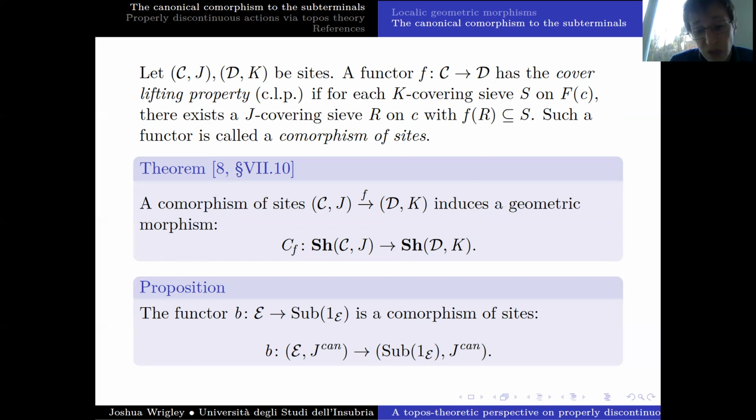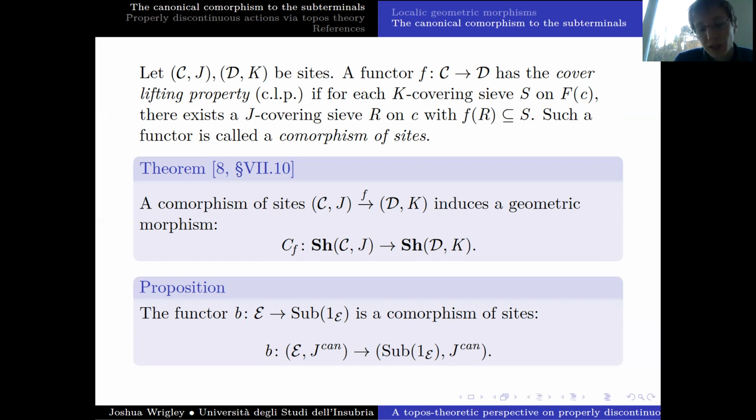It's a comorphism of sites for the canonical site of E, that is where the category is E, and you give it the canonical Grothendieck topology. And it's a comorphism of sites into the category of subterminals, also with the canonical topology. So we have a comorphism of sites, but it's not entirely site theoretic yet. We've still got E being mentioned.